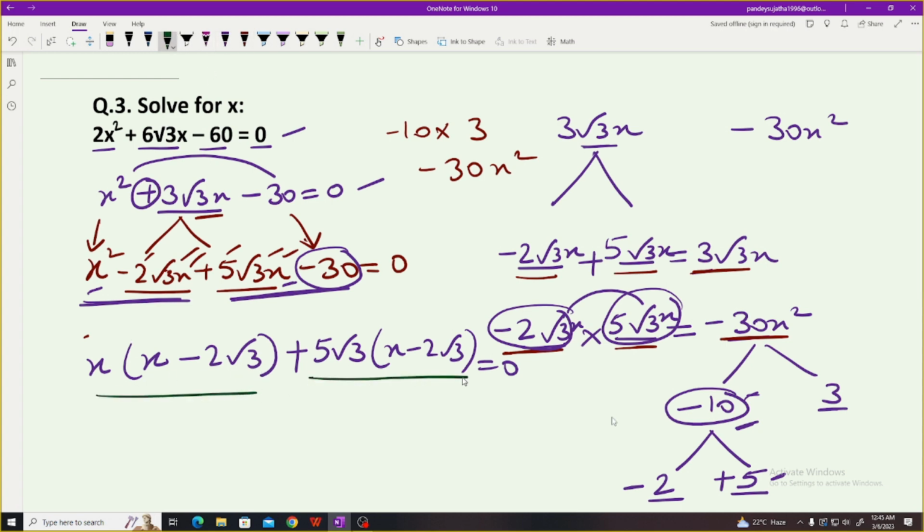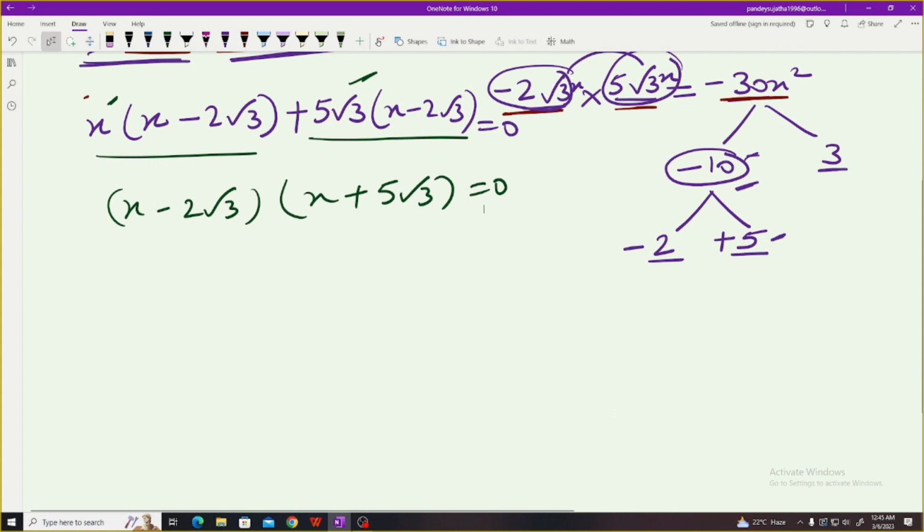Now in these two terms we have x minus 2 root 3 as common, and in this term we are left with x, and in the other we are left with 5 root 3, equal to 0. So now these two factors are equal to 0.